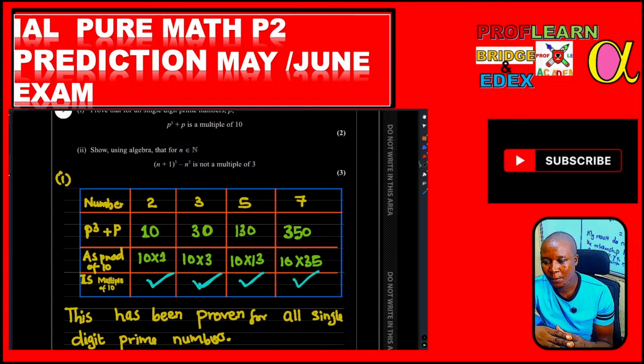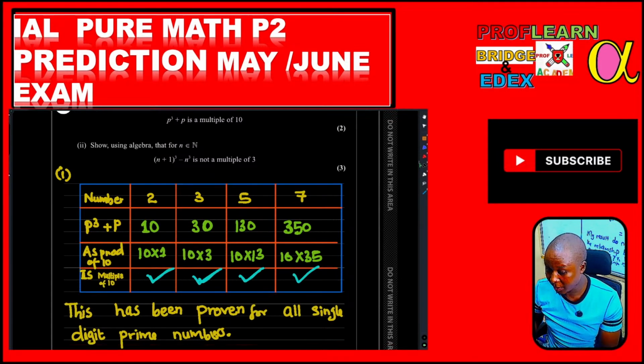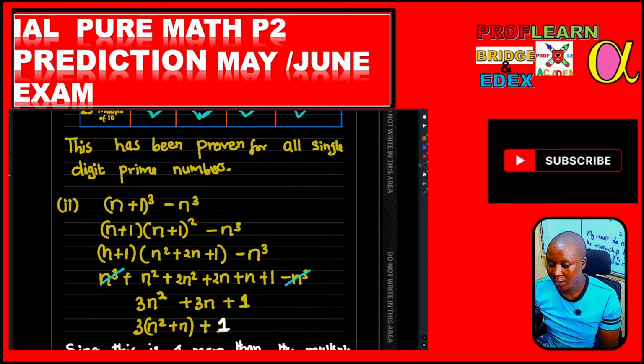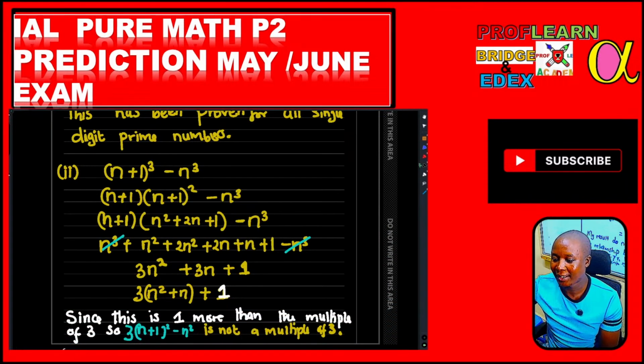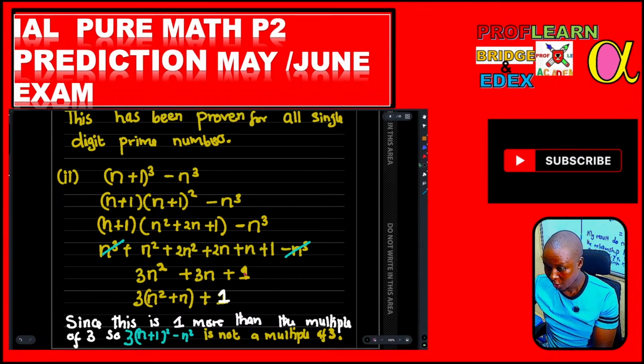So what you are supposed to do is expand whatever expression you are given, so that you can open it. Once you have expanded, we are going to end up with 3n squared plus 3n plus 1. I expanded, put the like terms together, and basically this is the expression that we are going to get.